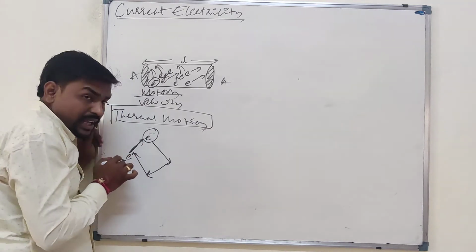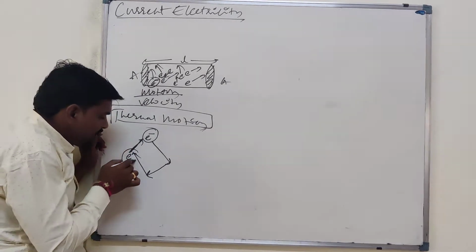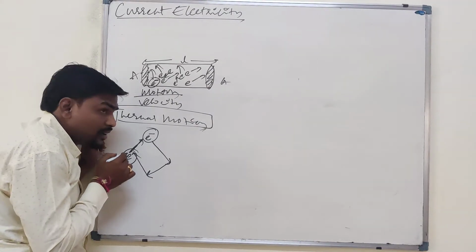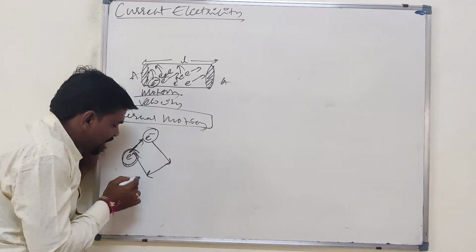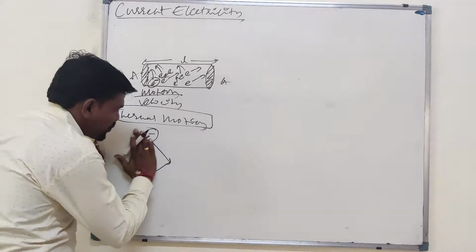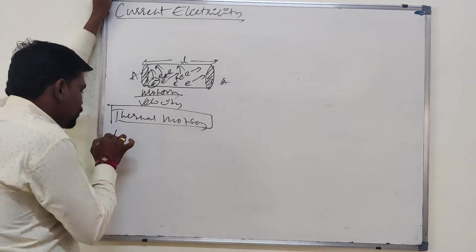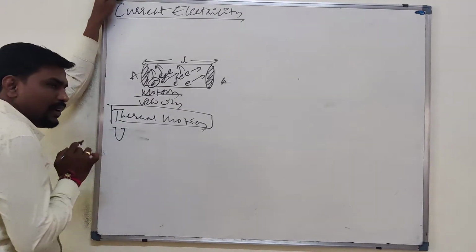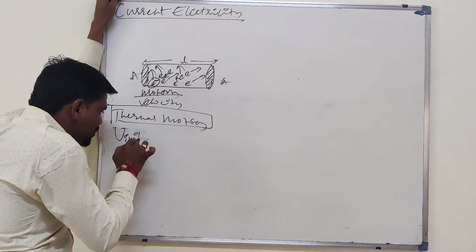So what happens here? The complete net motion or net velocity of these electrons becomes zero.